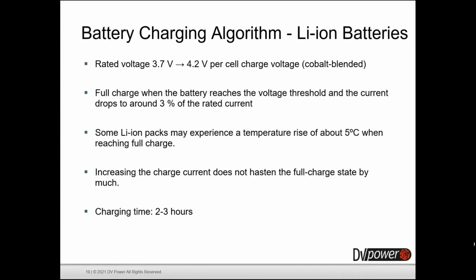Some lithium-ion packs may experience a temperature rise of about 5 degrees Celsius when reaching a full charge. This could be due to protection circuit and/or elevated internal resistance. Increasing the charge current doesn't hasten the full charge state by much.